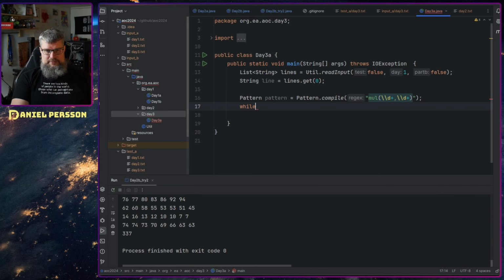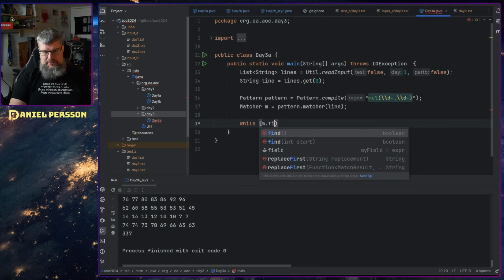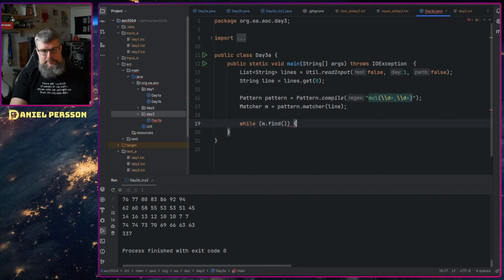So we take a Matcher m, pattern matching this line, and then we loop while m finds another one. We have the 2 values here.